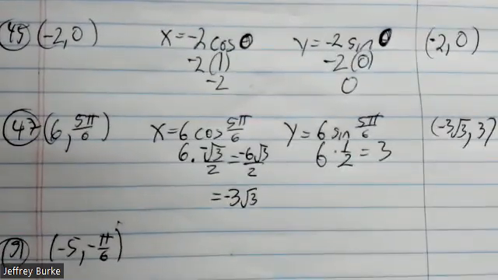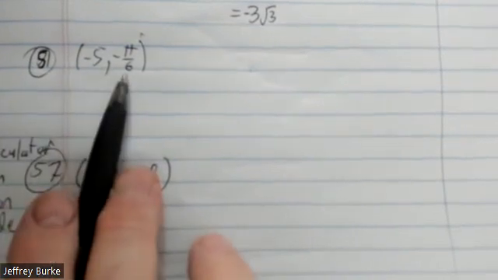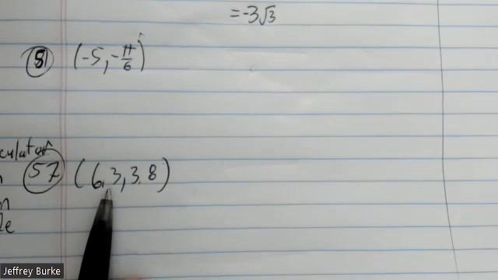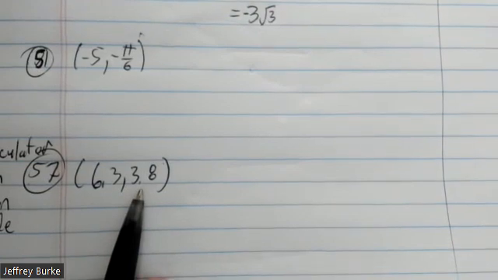Okay, then let's go ahead and let's have you guys try 51 and 57. That's the point -5, and then -pi over 6. And then that is going to be the radius, and that's going to be the angle in radians. So that's a little bigger than pi, because pi is like 3.14, this is 3.8. That's just a little bigger than pi.